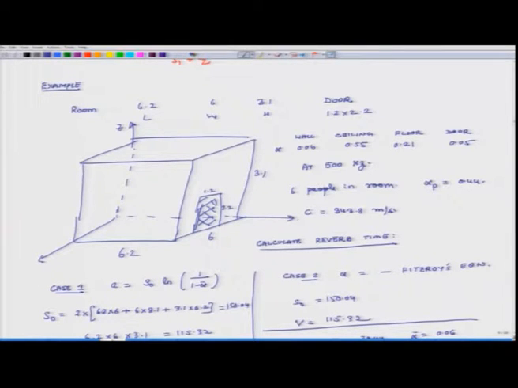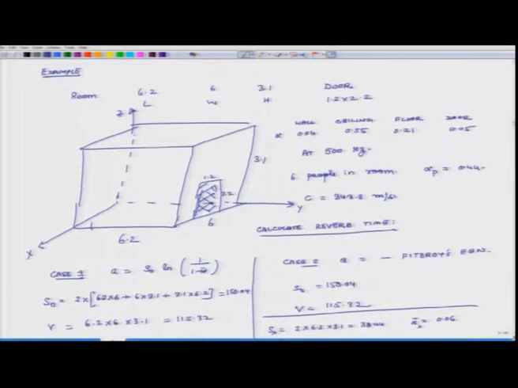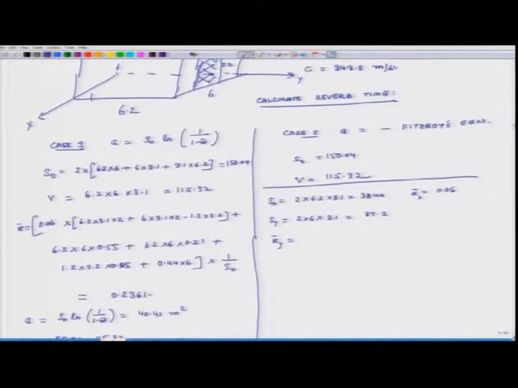So, this is y and this is x. Okay. The area in the x direction is 6.2 times 3, that is how we have computed, right, and the absorption coefficient of this surface, and also the back surface, is 0.06, and there is no door or anything like that. So, the overall surface absorption coefficient in the x direction remains 0.06.